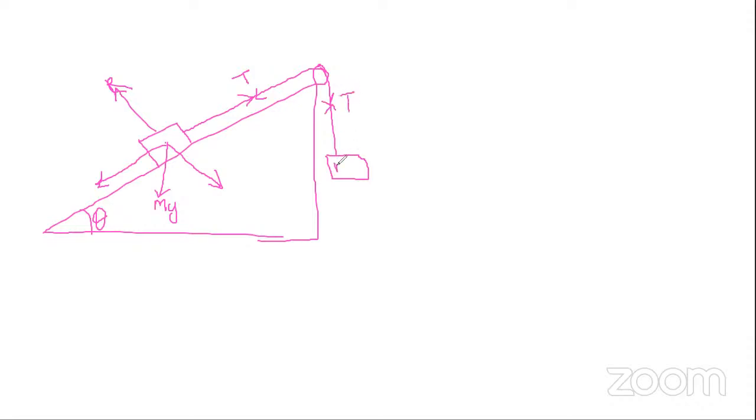The string is inextensible. If this is capital M, this would be capital M times G. Going back to some trigonometry, this angle will also be equal to theta. If we draw a dotted line here and extend this one, this would be 90 degrees.